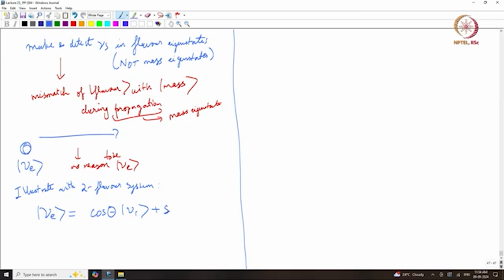Let us say it is an admixture parameterized by a theta, admixture of nu1 and nu2. Then what would be the nu mu? It is the orthogonal combination, right. Okay, and let us say this is true at t equal to 0.